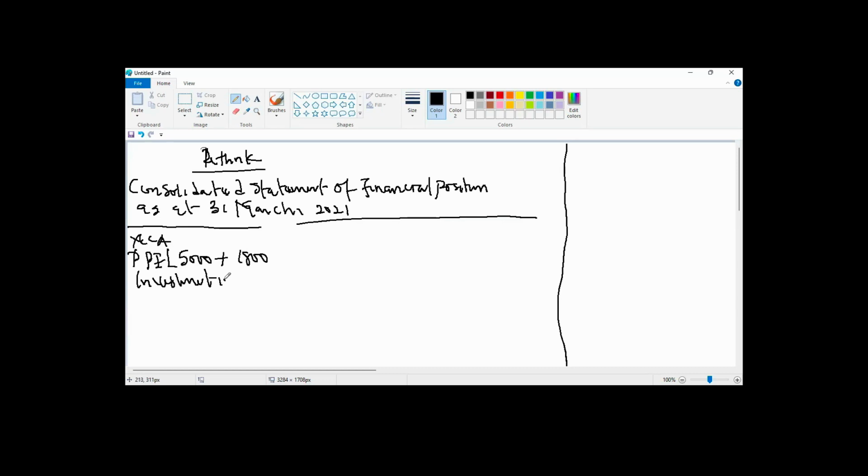Investments in research, 1.8. Goodwill, without the goodwill and neutralize space.